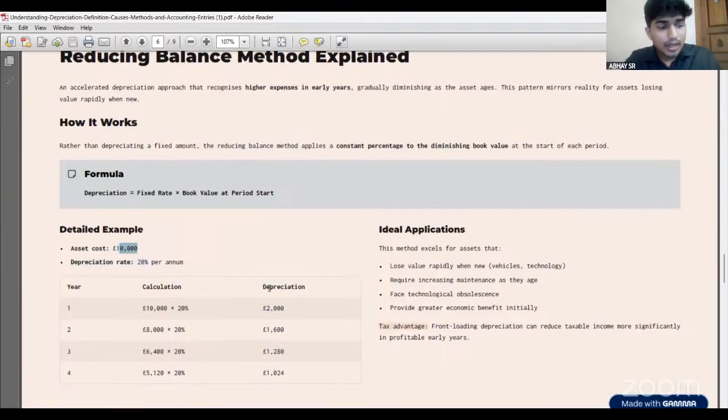The first year depreciation was 2,000, and during the first year I didn't have much maintenance. As they age, they require higher maintenance. If I service the car for maybe 100 pounds now, in 5 or 10 years it won't be the same. I would require a higher maintenance cost, right? So this is a better way in practice. In real life, I guess everywhere they practice this method.